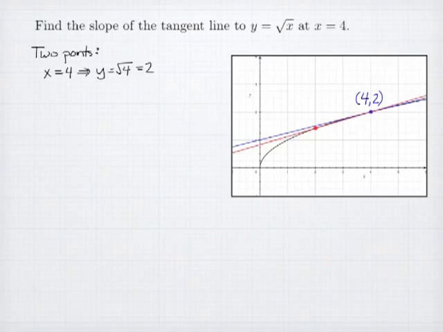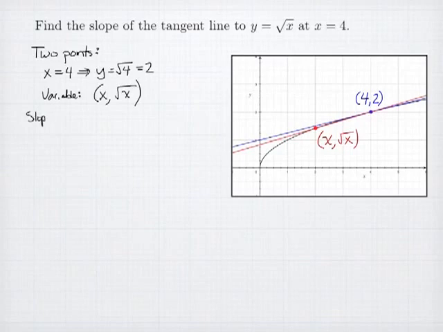For our second point, we use a variable. The x value we'll just leave as x, and the y value we'll use the formula, square root of x. So our second point is going to be at the unspecified point, x, square root of x. The slope of the secant line, which is shown in red, uses the standard slope formula.